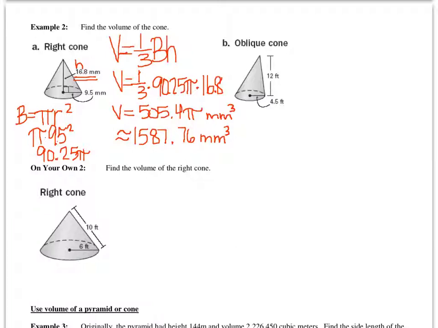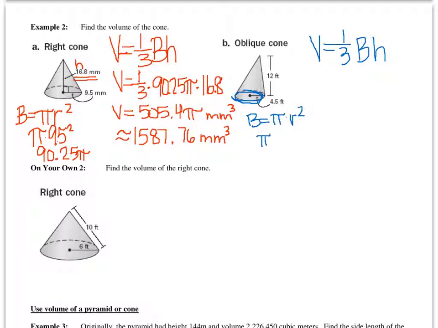Let's do this oblique cone. Now an oblique cone means instead of it being straight up and down, it's kind of tilted a little bit, but we're still going to use the exact same formula. We're still going to use volume equals 1/3 my base area times my height. And in this picture right here, my base is still a circle, so to find my base area, we're still going to do pi times our radius squared.